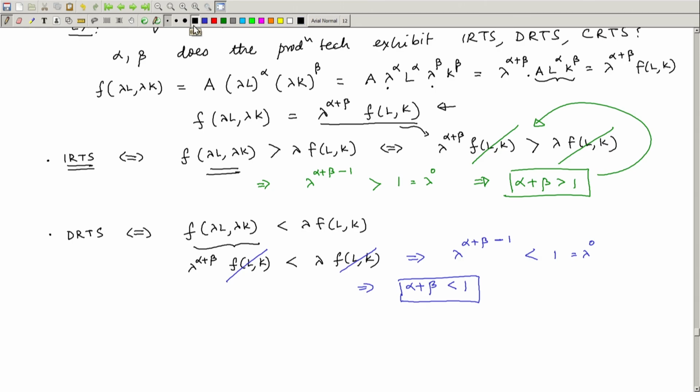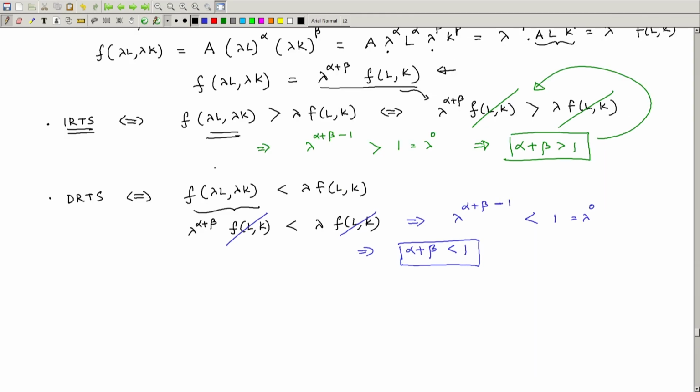And finally, you would have correctly guessed the condition that you will need for constant returns to scale. For constant returns to scale, when I change the inputs by the factor lambda, the new output exactly changes by the same factor. So, I have f of lambda L, lambda k equals lambda times f of L k.